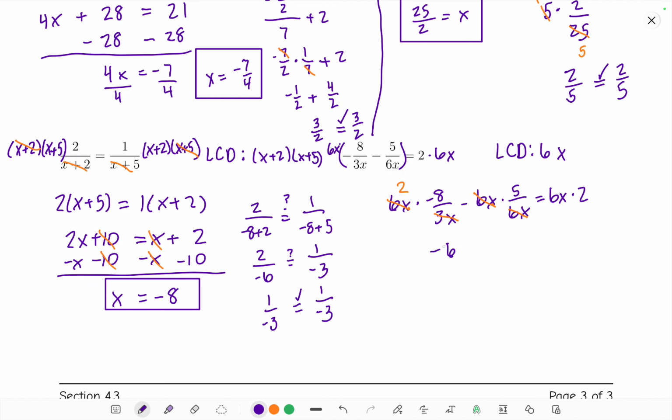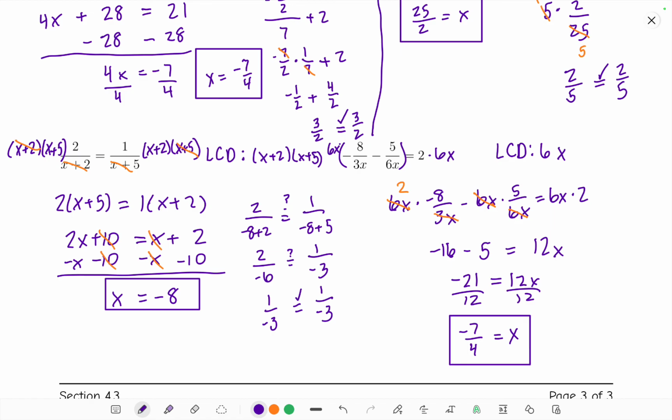So we get -16 minus 5 equals 12x, which is -21 equals 12x. Divide by 12, divide by 12. That can be reduced by 3, so we get -7/4 equals x. This one I will leave as an exercise for you to confirm that it's not an extraneous solution. And that is it for section 4.3.